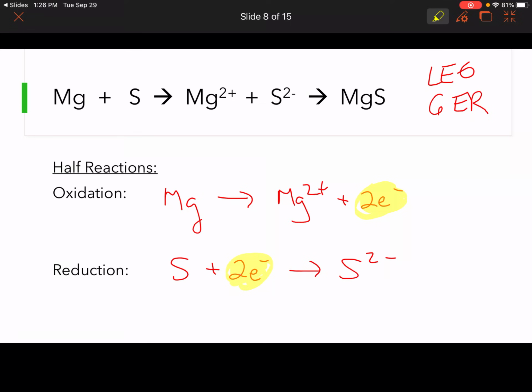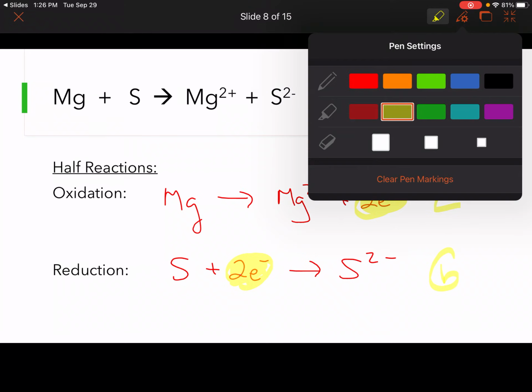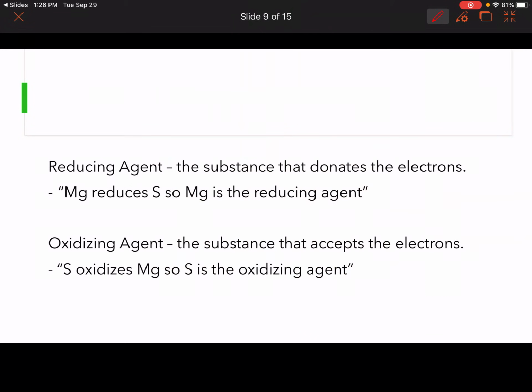So what's on one side for the losing, the same number of electrons has to be gained, okay? So these two reactions are always going to exist with each other. That's why we call them half reactions, and together they're going to make the full reaction here.